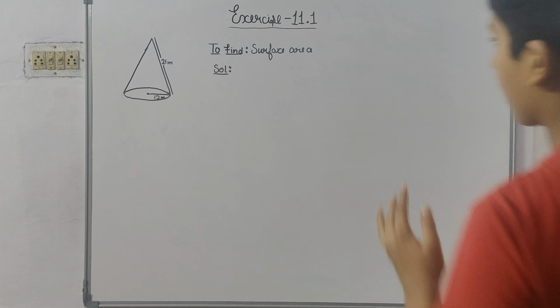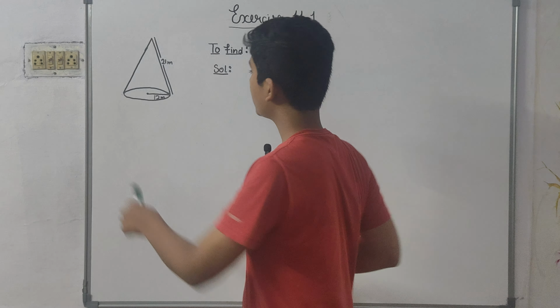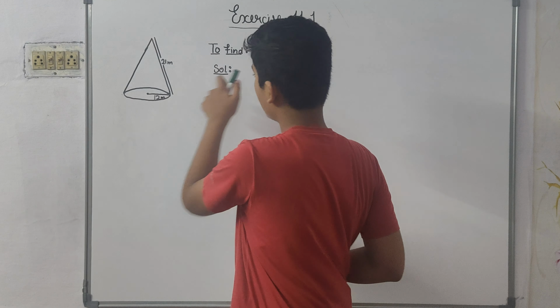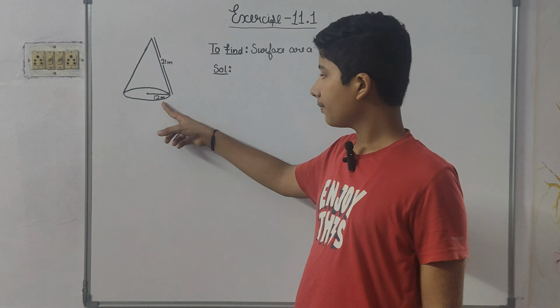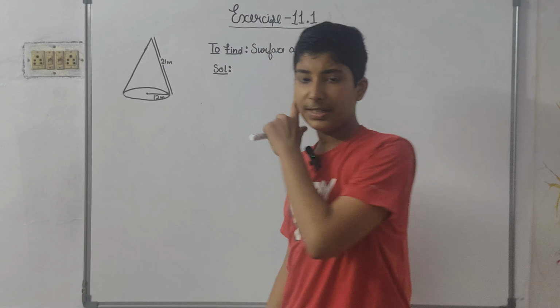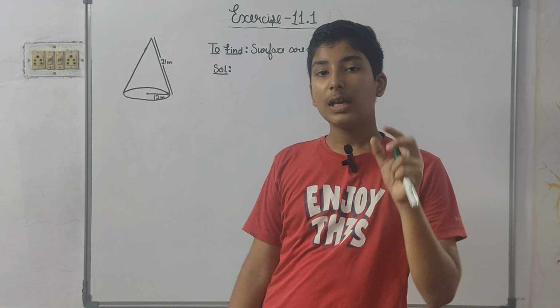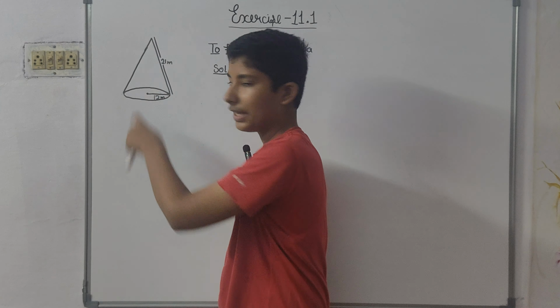Now let's begin with our second question with a green marker. In this question, it is given that the value of L is 21 meter, and 12 meter is the radius, since 24 meter is the diameter.